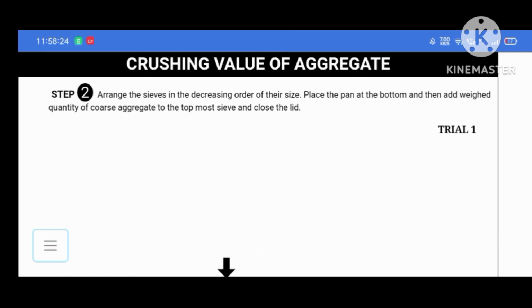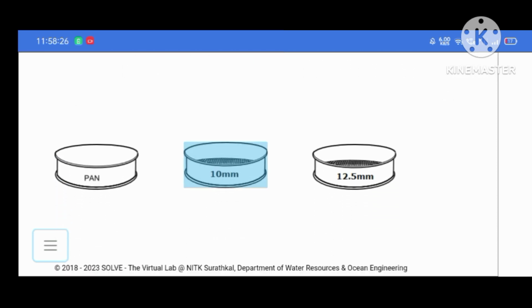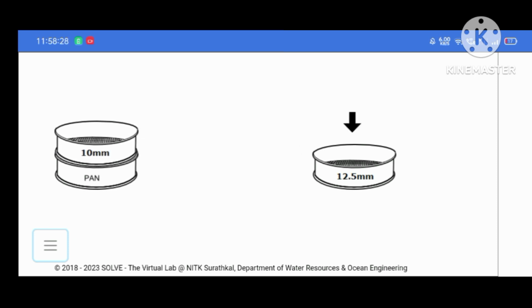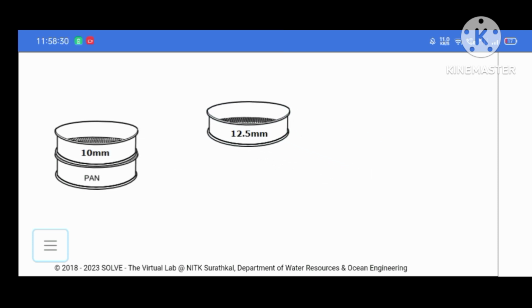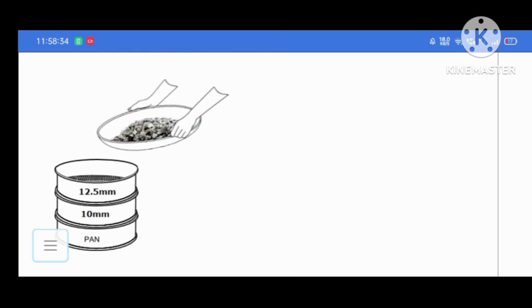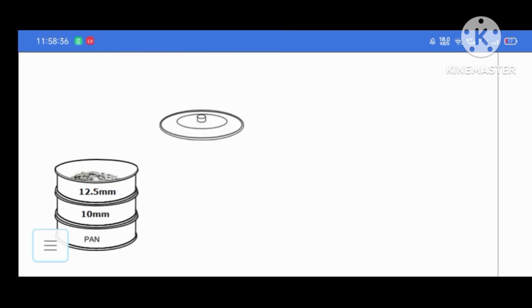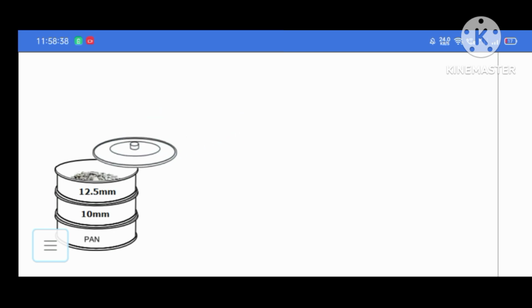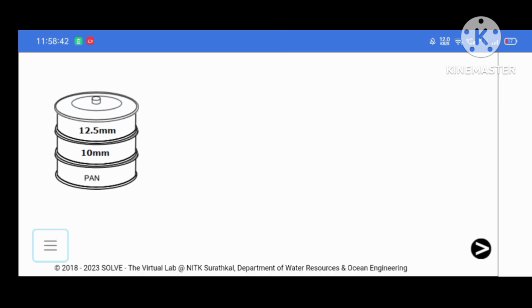We are going for trial number 1. So put the 12.5 mm sieve above the pan, then the 10 mm sieve, and then put the aggregate. Now close it with the lid. Now move to the next slide.